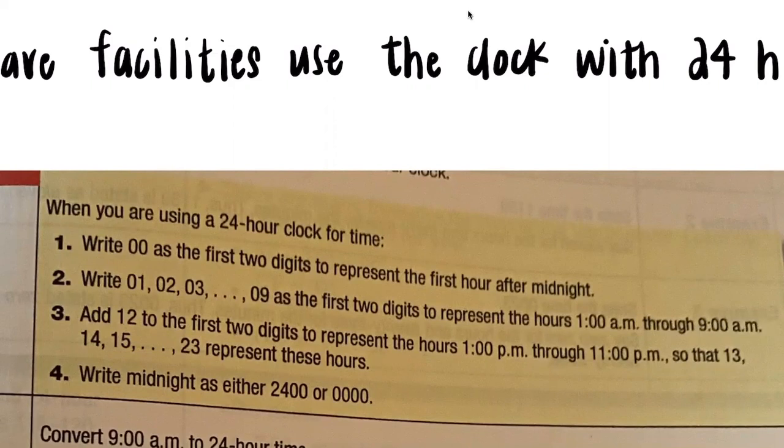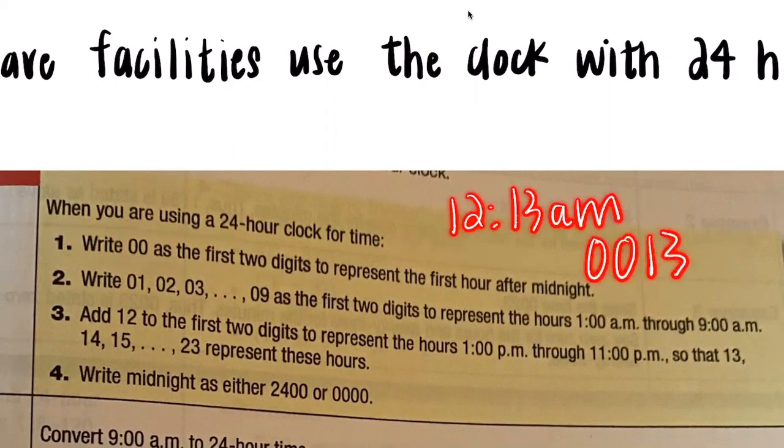So if we're talking about the first hour, when the day first starts and we're leading up to the whole first hour within the day, after midnight, we indicate 00 as the first two digits, because at that point we're just maybe 58 minutes into the day. So instead of 12:13 a.m., you'll see 0013 to indicate that we're still in the first hour of the day.